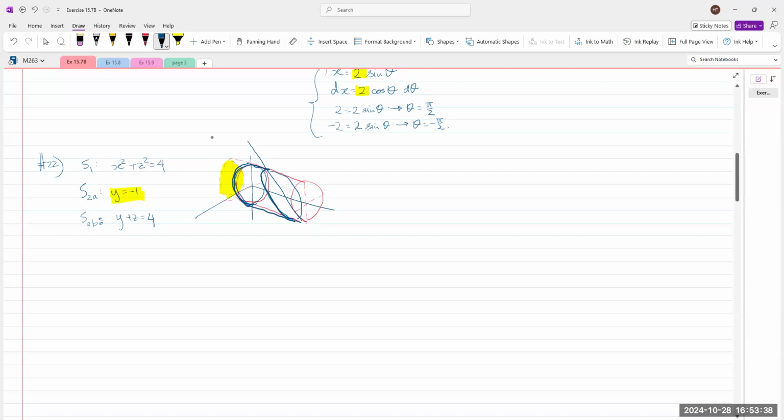So that's what it looks like. On the yz plane, if this is y, this is z, y plus z equals 4. That's what this plane is cutting.